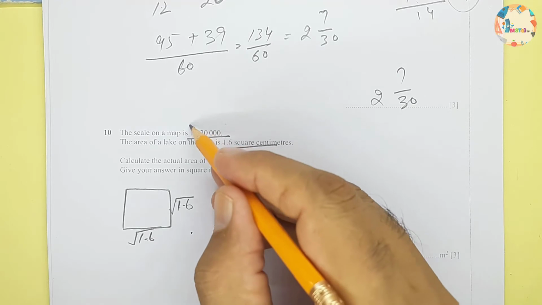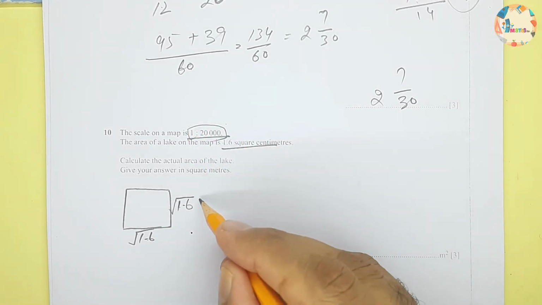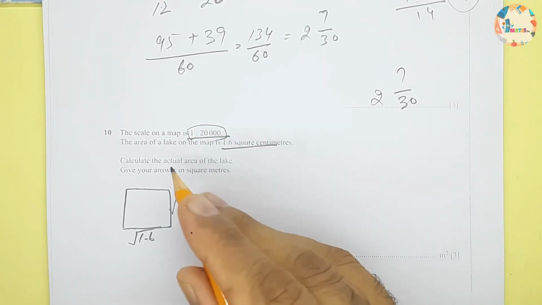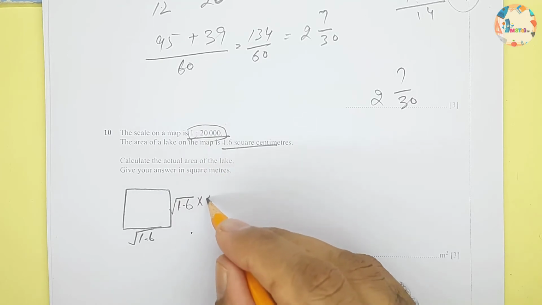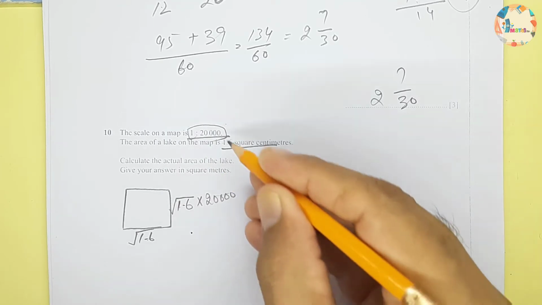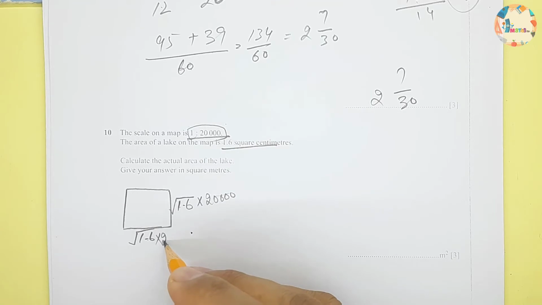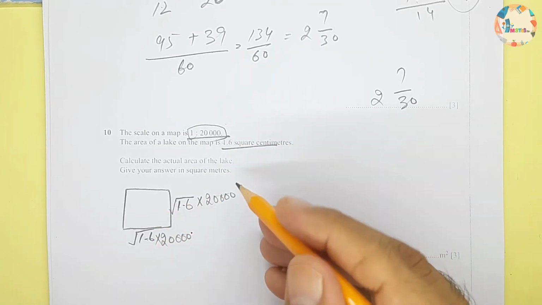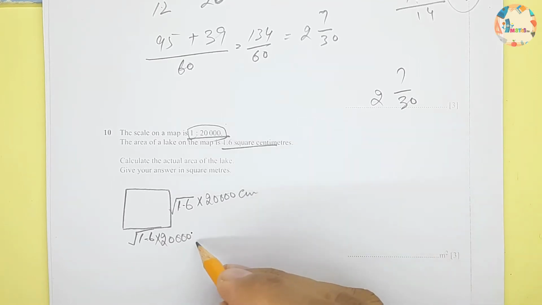Now according to this conversion scale, if we check for the actual area, this will be multiplied by this, and this will also be multiplied by this one. Now this is centimeters, this is also centimeters.